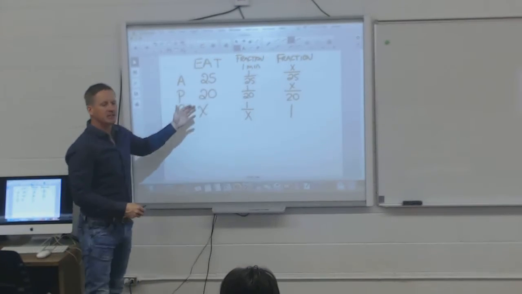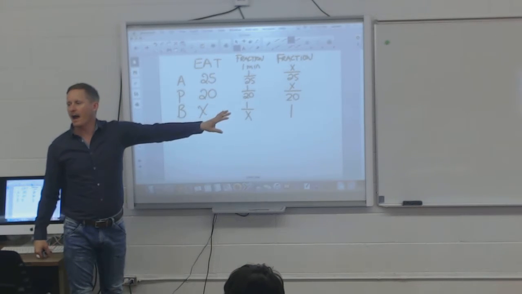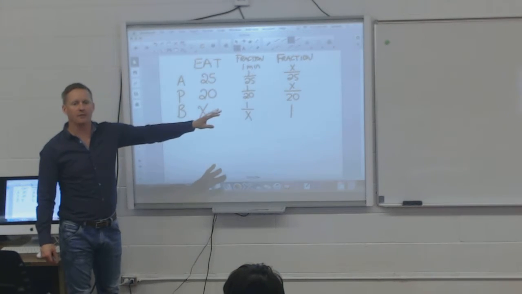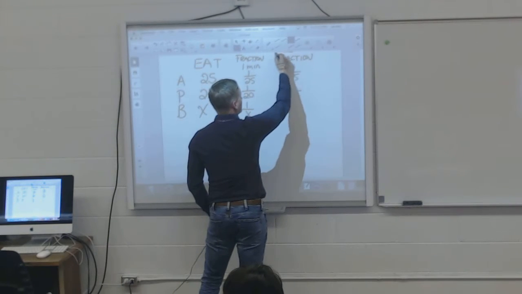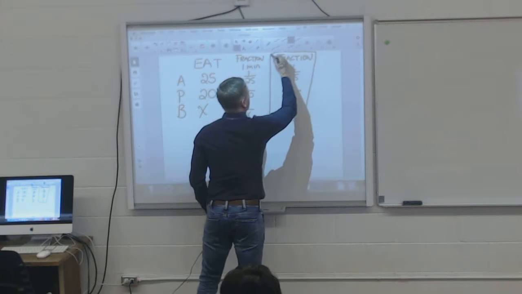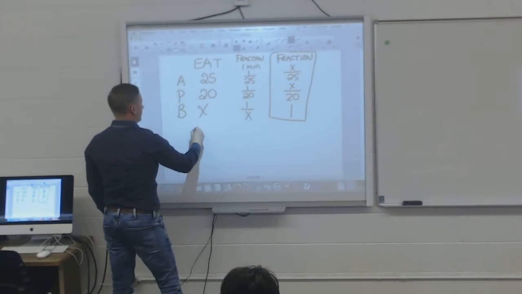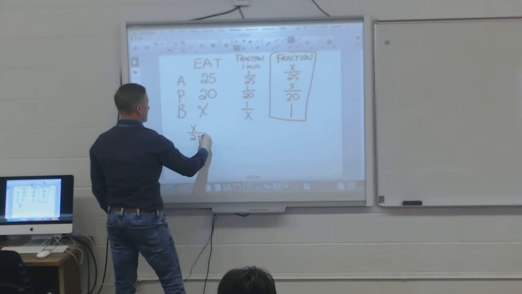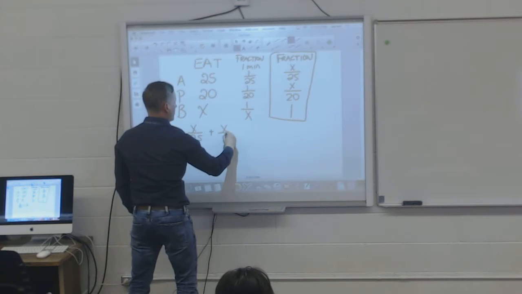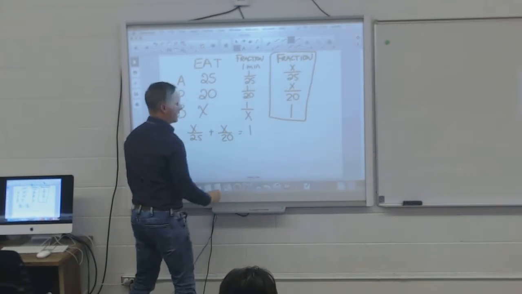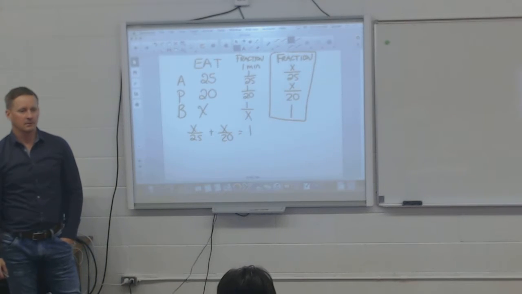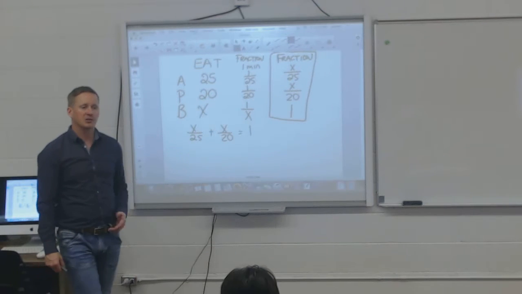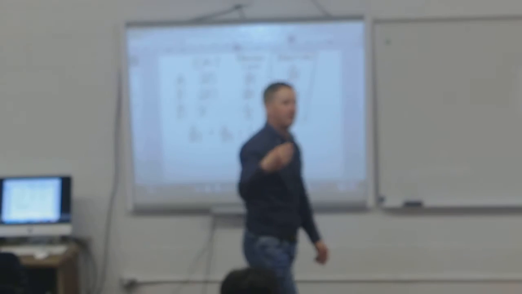After this, now it's doing what you've been doing. Let's solve for X. I'm focused on my last column here. So I have X over 25 plus X over 20 is equal to 1, and I want to solve for X. The easiest way to solve for X is to always get rid of what first?